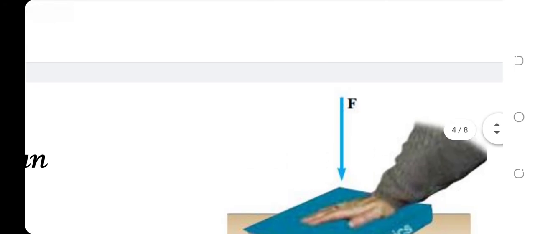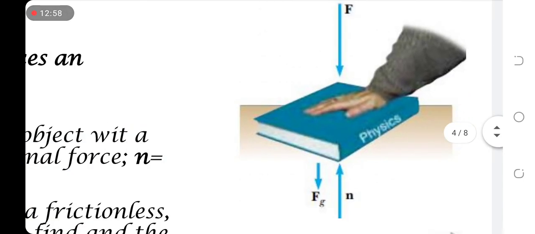The force of gravity and the force of the hand F are in the same direction, downward, where N is the normal reaction acting in the upward direction. We can say that N is the sum of two forces, means gravity is acting downward and the force of the hand F is also acting downward. So by combining these forces, we get the reaction of the book.